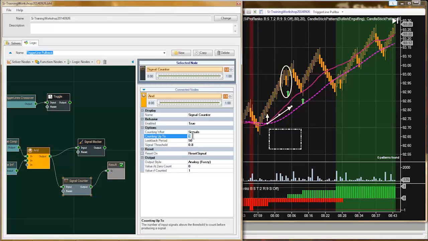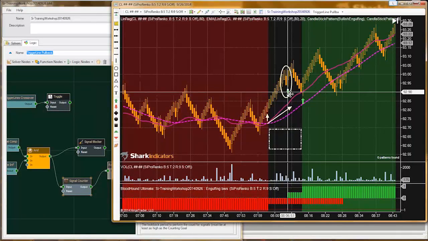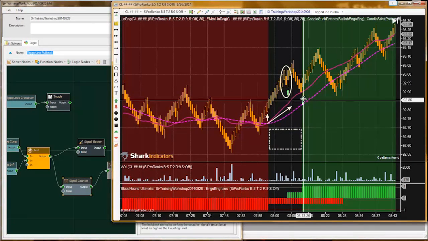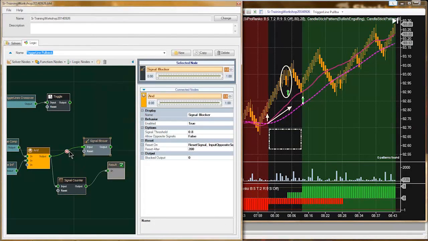I'm not using it in its normal state. If I use it in its normal state, let me set it back to 2. What's going to happen is that this first pullback gets ignored, and the second pullback is the one we get signaled on. Let me show you here.